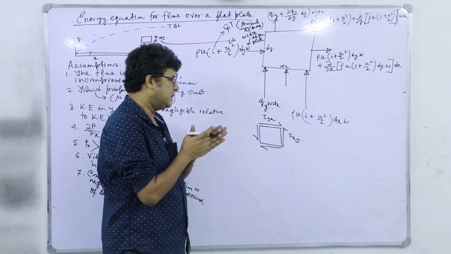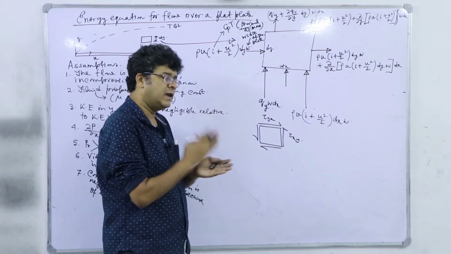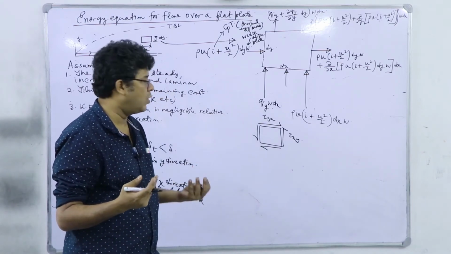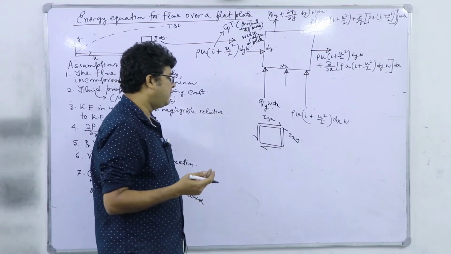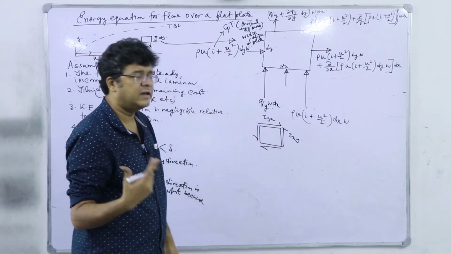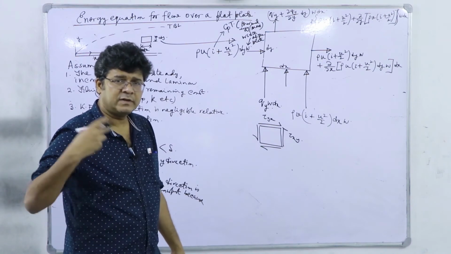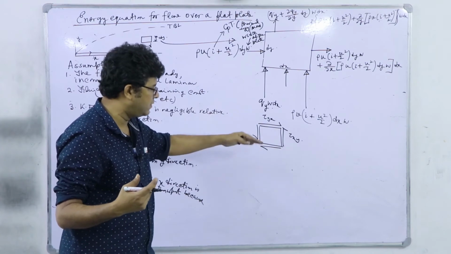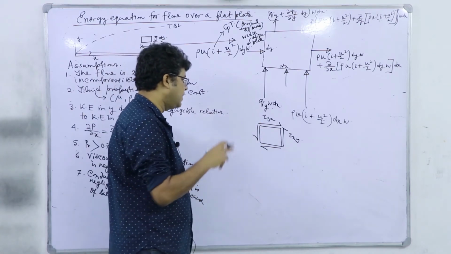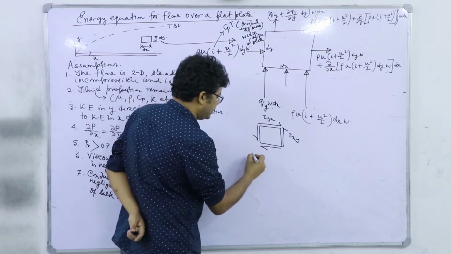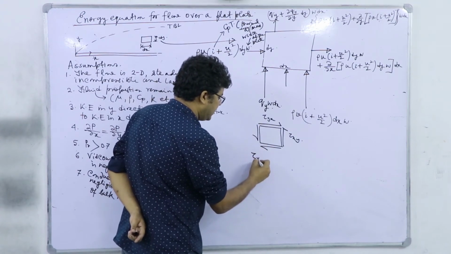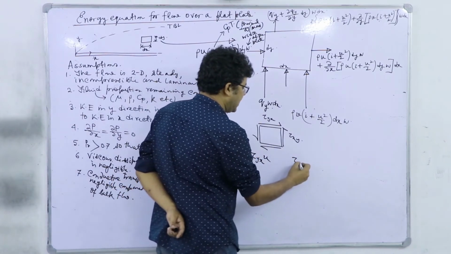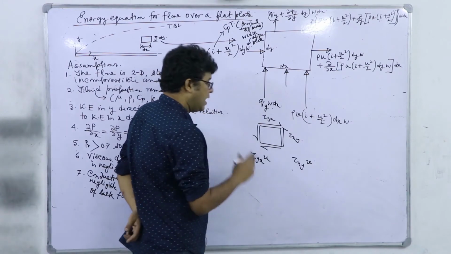Now again, force into velocity is the work. So how much energy is basically invested to overcome this shear stress? If I multiply tau yx into the corresponding velocity, or here tau xy into the corresponding velocity, I must get that term.